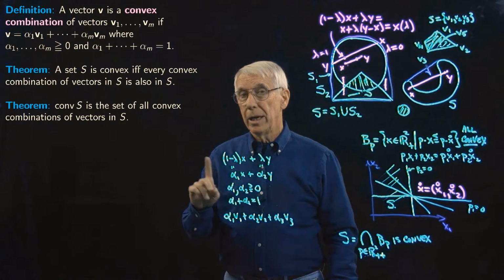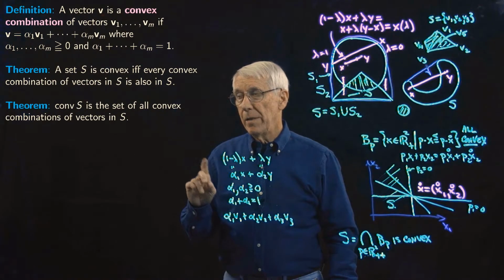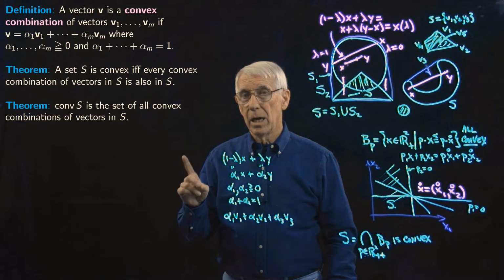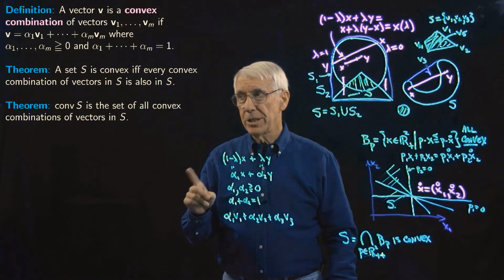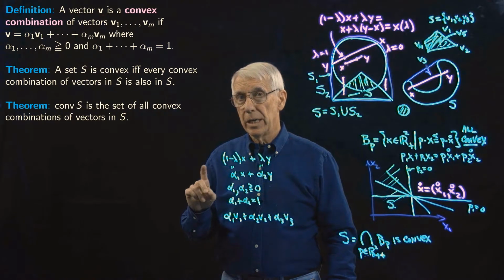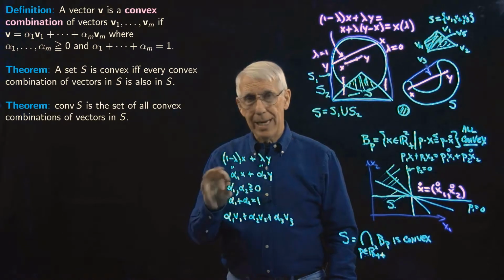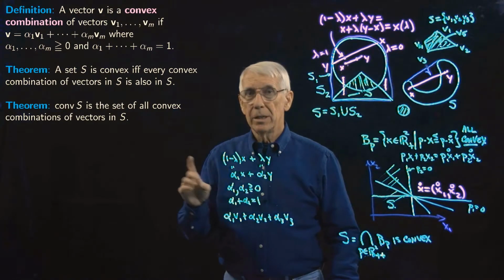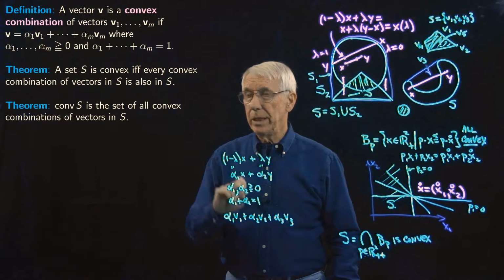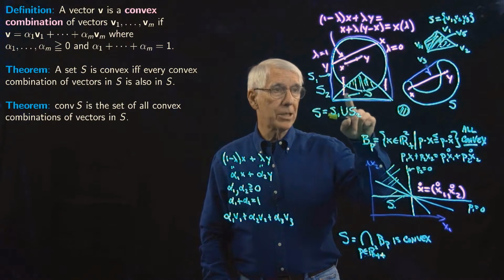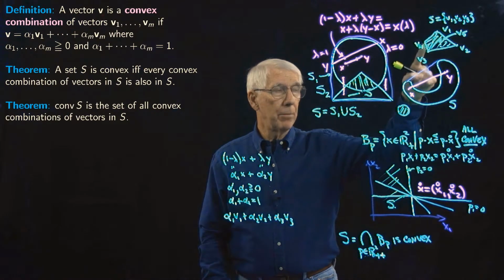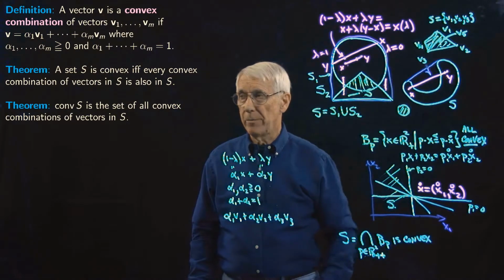This is clearly a characterization theorem that characterizes the convex hull of a set as the set of all convex combinations of vectors in the set S. So the set S is generally not convex. The convex hull will be a convex set, and it will be the set of all convex combinations of vectors in S. Just what we kind of guessed up here when we were talking about convex combinations.